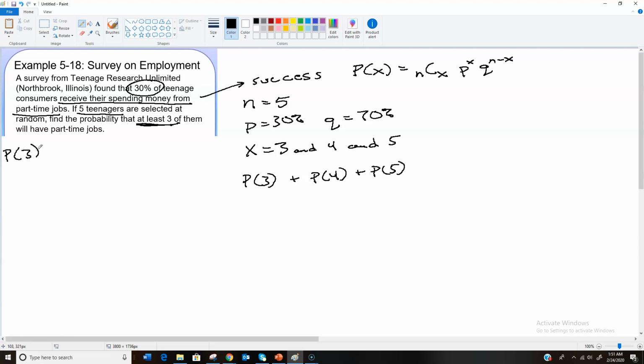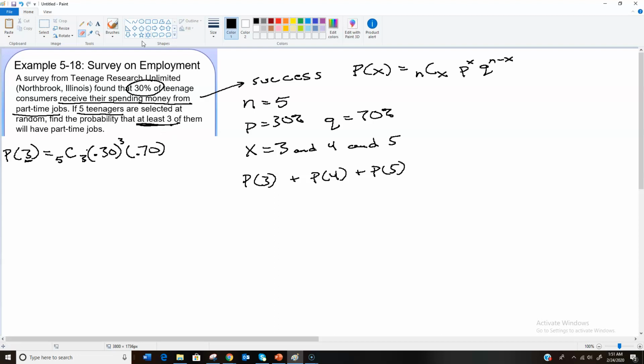So the probability that exactly 3 out of the 5 have a part-time job, remember we're going to do nCx, so our N is 5, and in this case our X is 3. So 5 choose 3. Our P is that 30%. Okay, so we're going to take that times 30%. Let me put a parenthesis around this. To the power of, again in this case it's 3. We want 3 successes in this one, which leaves a 70% chance for our failures.